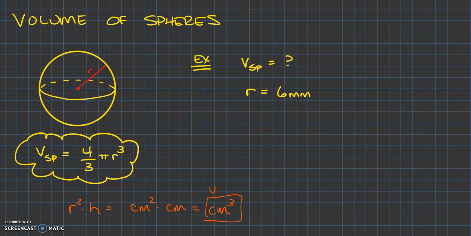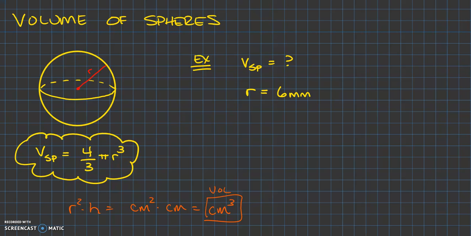This is volume. We must have a cubic unit for volume. And so when we come to the sphere, we no longer have that height. So we're going to have to work more extensively with the radius. And so here's your formula. 4/3 pi r cubed. Let's use this in some examples.